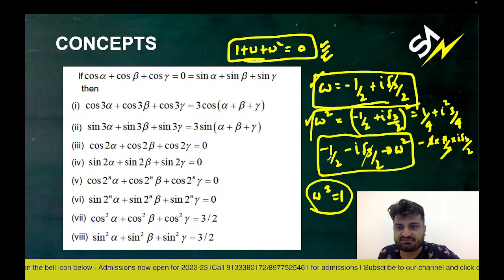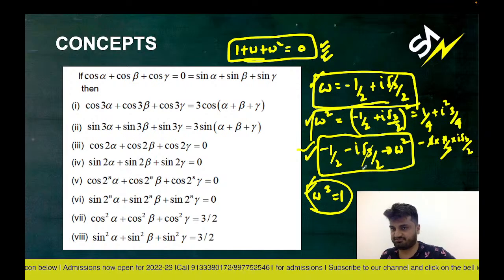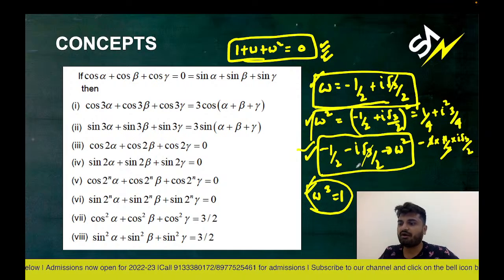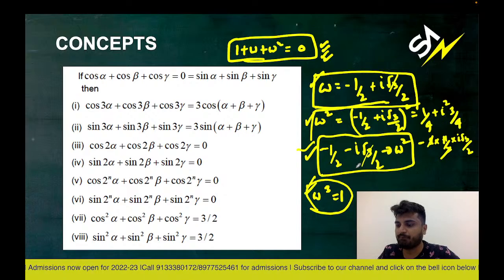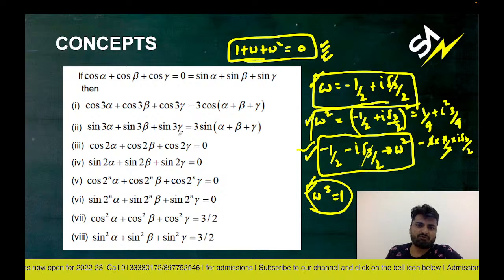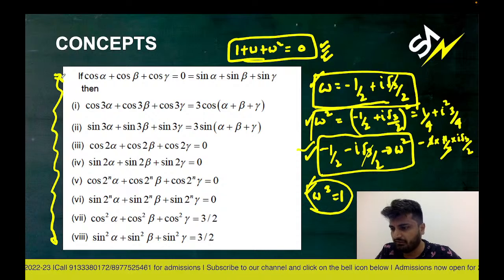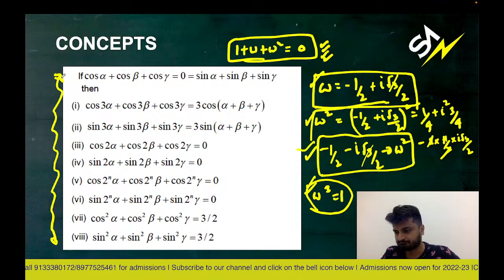Omega value is this, omega square value is this, omega cube value is this. So accordingly, we can start solving the problems. These are some standard results which you need to remember, but we won't be discussing them today. Today our focus is completely on cube roots of unity.